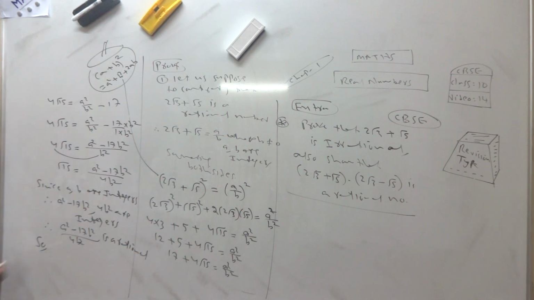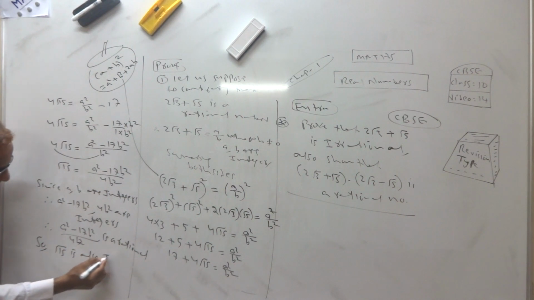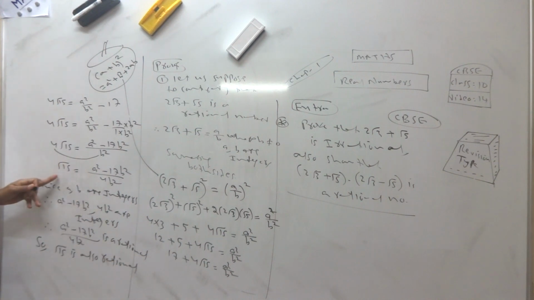So when this is a rational number, root 15 is also rational. See, when this is rational, this is also rational, but this is wrong because we know that root 15 is irrational.